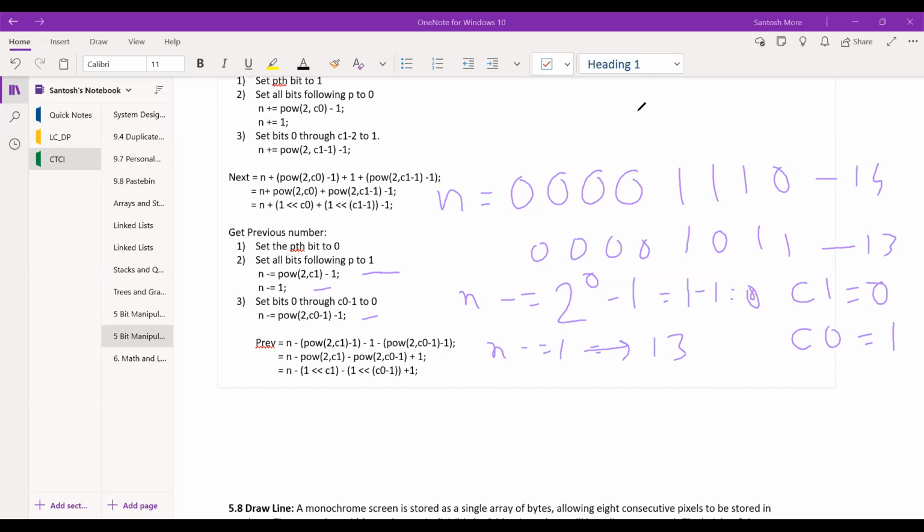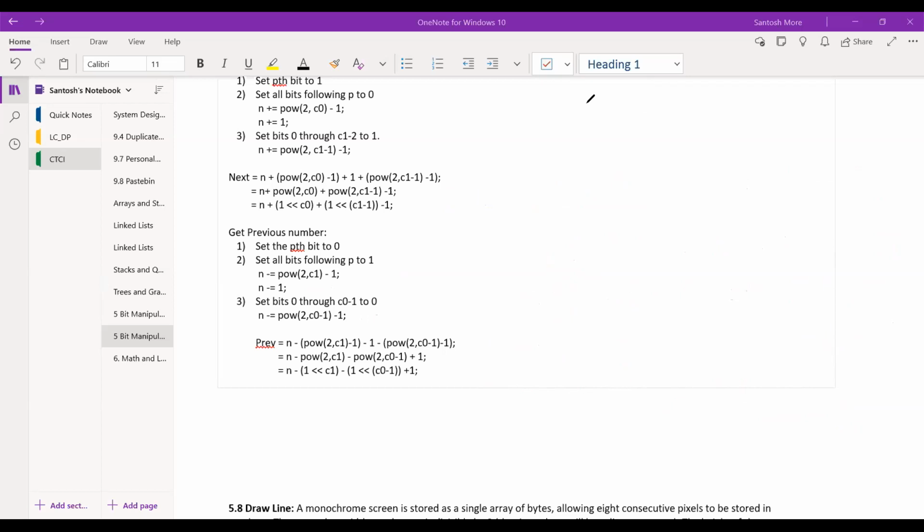In this case my C0 is 1. So if I say 2 raised to C0 minus 1, which will be 0 again, and then minus 1, this will be 1 minus 1. This also will remain 0. So this won't have any impact on this. N minus 1 is equal to 2 raised to 0 minus 1. So my answer still remains 13. So this was for the previous one.